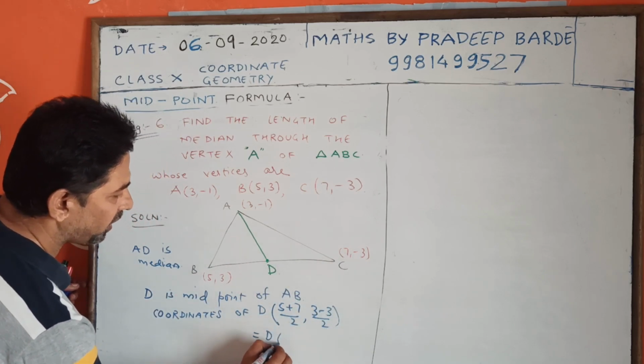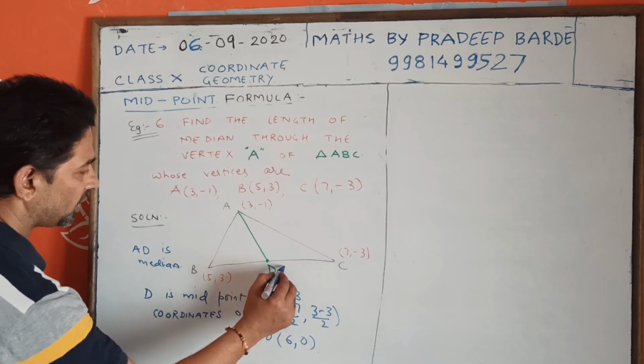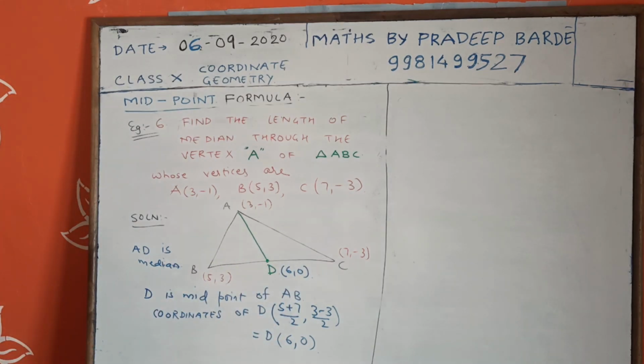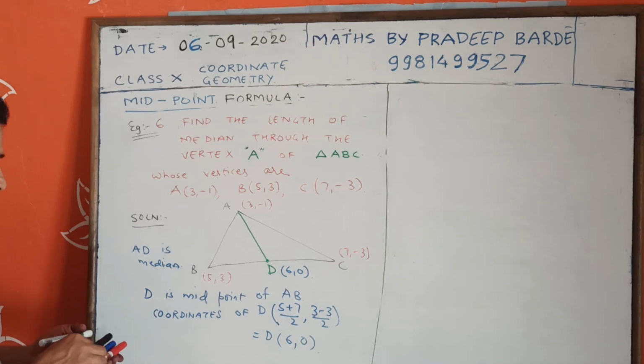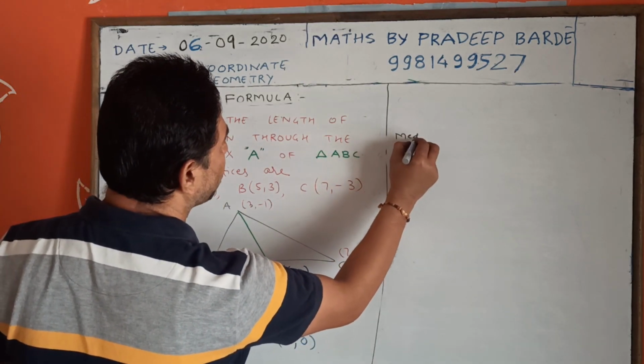That is, coordinates of D are (6, 0). इस पॉइंट के हमको कोऑर्डिनेट्स मिल गए बच्चों (6, 0). Now we have to find out the length of the median AD. AD की लेंथ फाइंड करना है.